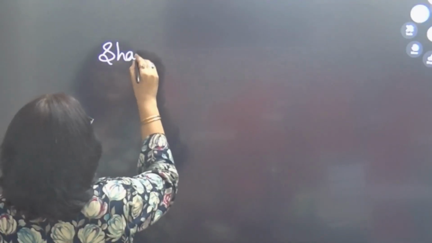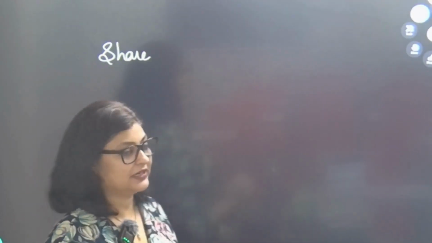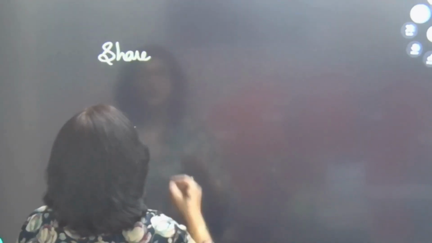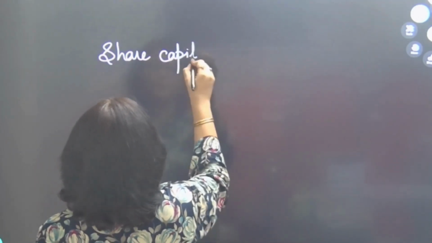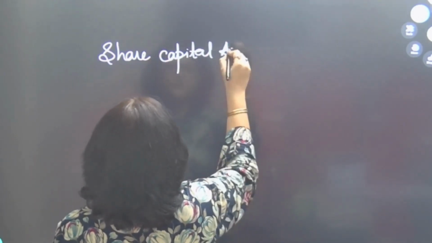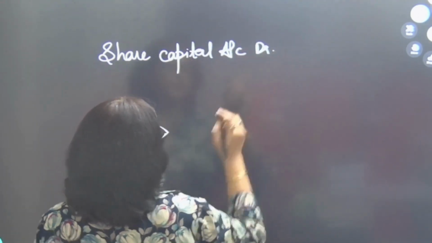So basically share forfeiture is cancellation of the shares for the shareholders who failed to pay certain amount of money either on allotment or on the calls. So here we cancel the share and we write share capital account debit. Here for the first time we are debiting share capital account.